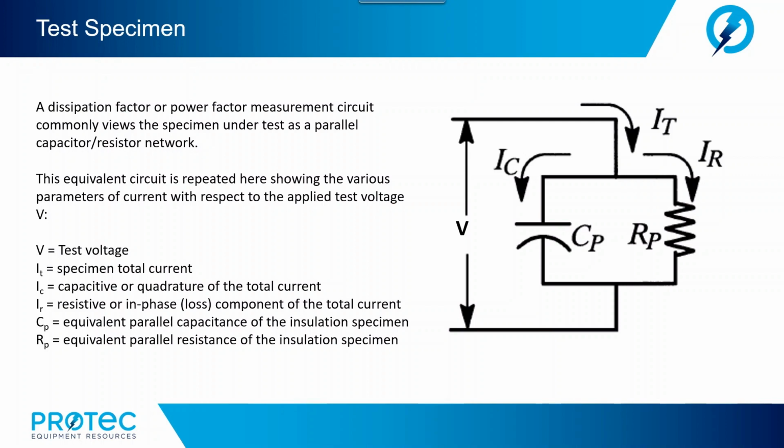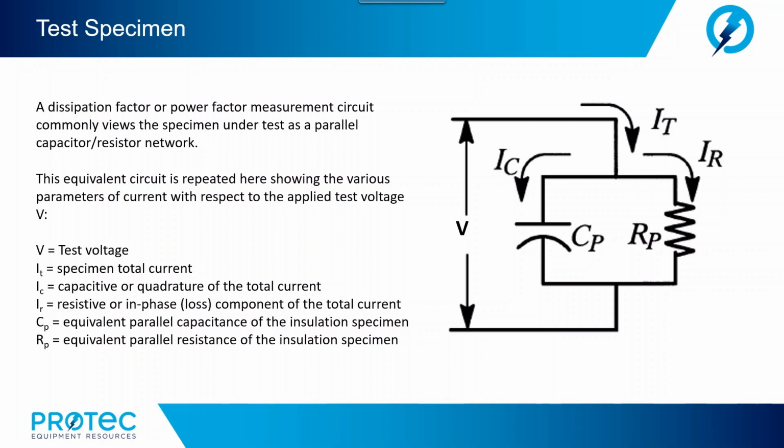I sub T is the specimen's total current. I sub C is just the capacitive or quadrature component of the total current. I sub R is the resistive or in-phase loss component of the total current. C sub P is the equivalent parallel capacitance of the insulation specimen, and R sub P is the equivalent parallel resistance of the insulation specimen.